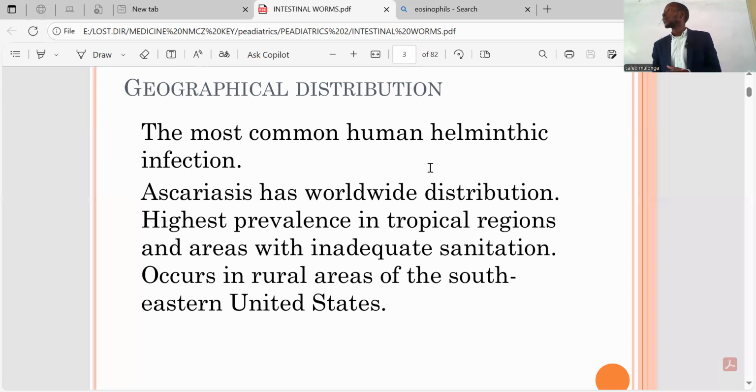It is also common in rural areas, developing countries, third world countries. When we talk about developing countries, we're talking about countries such as Zambia, countries that do not have enough resources. In these areas, whether in Africa or outside Africa, they cannot afford to have the proper facilities for sanitation.